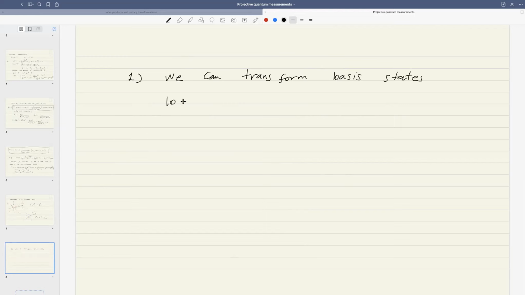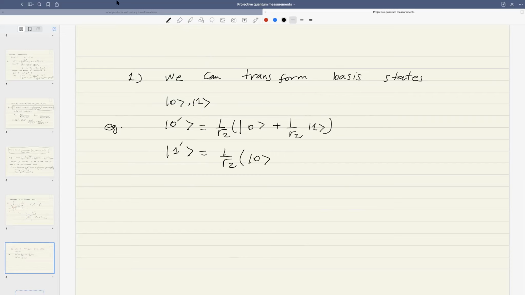So suppose I have 0 and 1, and then consider 0 prime to be 1 over square root 2 times 0, plus 1 over square root 2 times 1, and consider 1 prime, this is just an example, of course, to be 1 over square root 2, let's say 0, oops, I already factored out 1 over square root 2, so I don't need it here. Plus 1 minus 1.